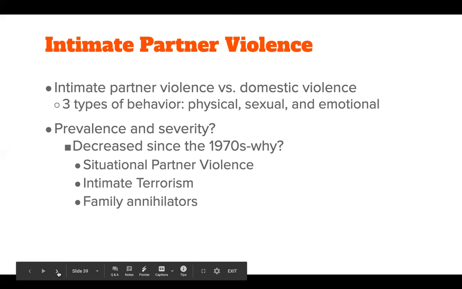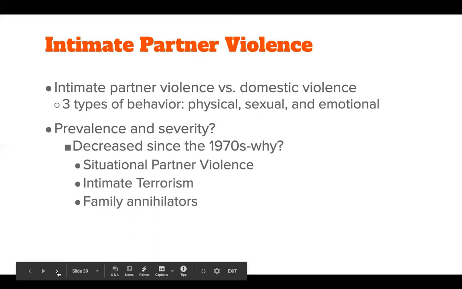We know from the statistics that IPV that has been reported to the police has decreased since the 1970s. But that is because the violence committed by women has decreased since the 1970s. And that is because before divorce became more likely, before we had as many resources for women leaving violent situations and needing to go to a shelter, a place to stay, at some point, the women who were with an abusive partner would engage in what is called violent retaliation.